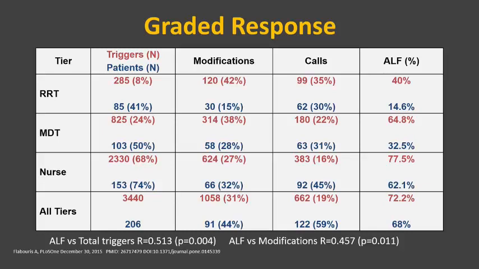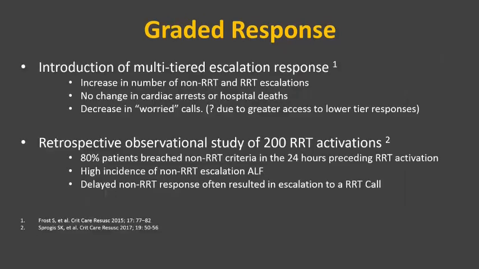And the triggers that are most prevalent are the ones most likely to result in afferent limb failure. The most prevalent triggers are also the ones most likely to be modified. So in essence, the way we set up our tiers can potentiate the magnitude of the afferent limb failure and potentially the consequences of it.